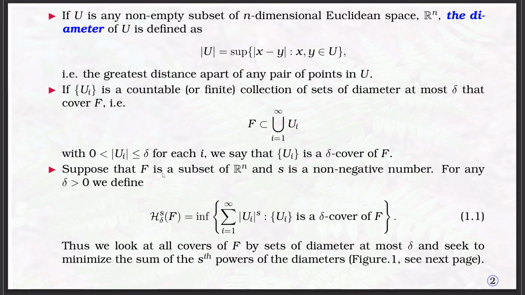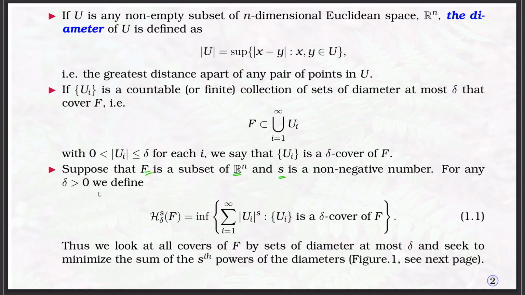Suppose that F is a subset of R^n and s is a non-negative number.